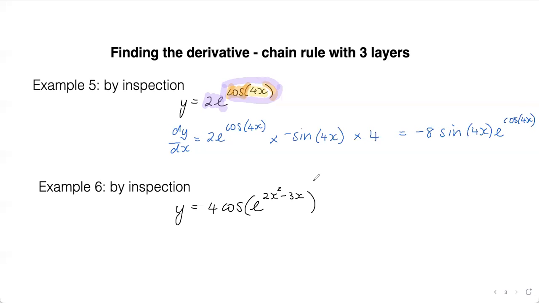Okay, there we go. Let's have a look at this last example. So let's identify our layers. The very inside layer is that 2x squared minus 3x. The next layer is this e to that.